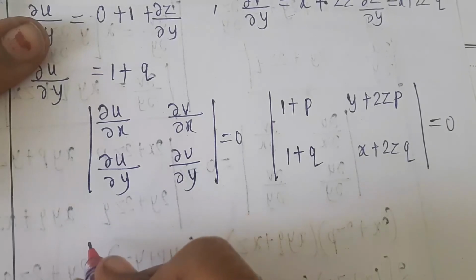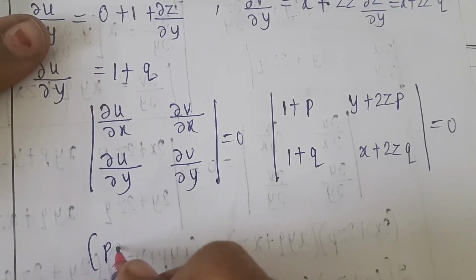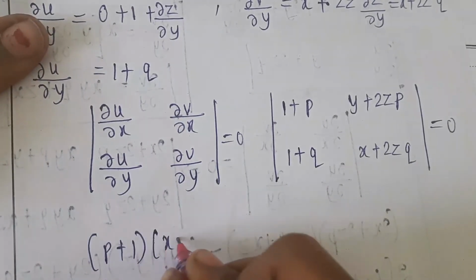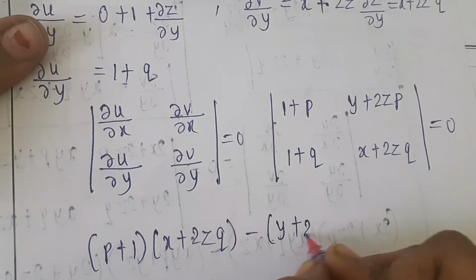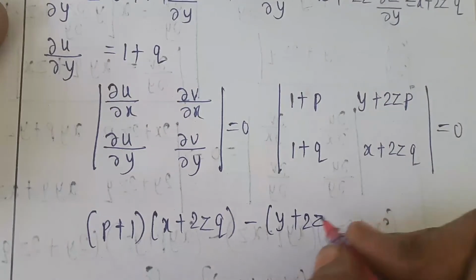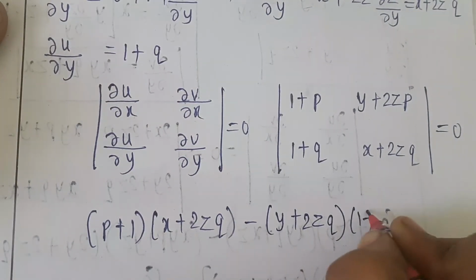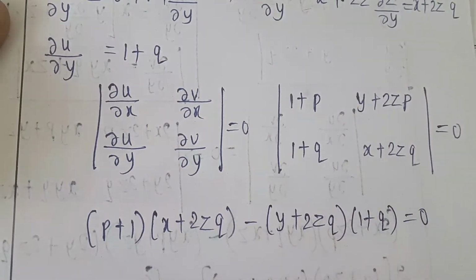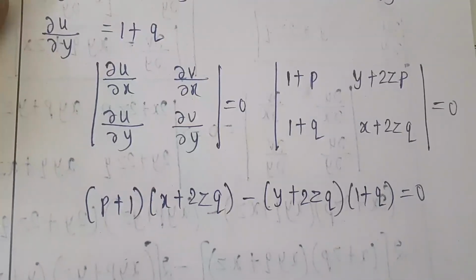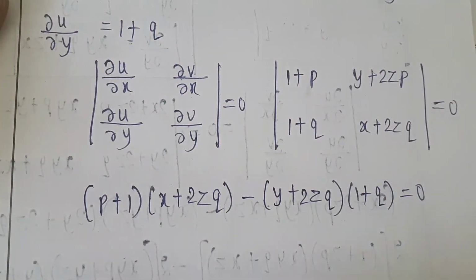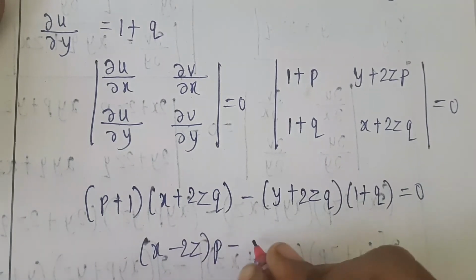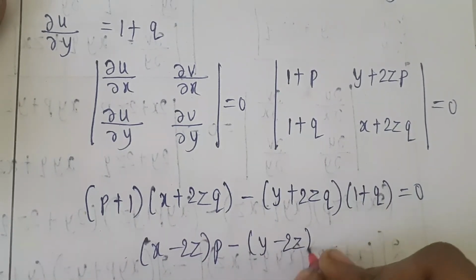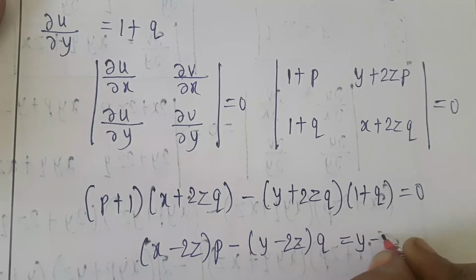So we obtained 1 plus p into x plus 2zq minus y plus 2zp multiplied by 1 plus q. It is equal to 0. Simplifying it further, we get x minus y plus 2zp minus 2zq is equal to y minus x.